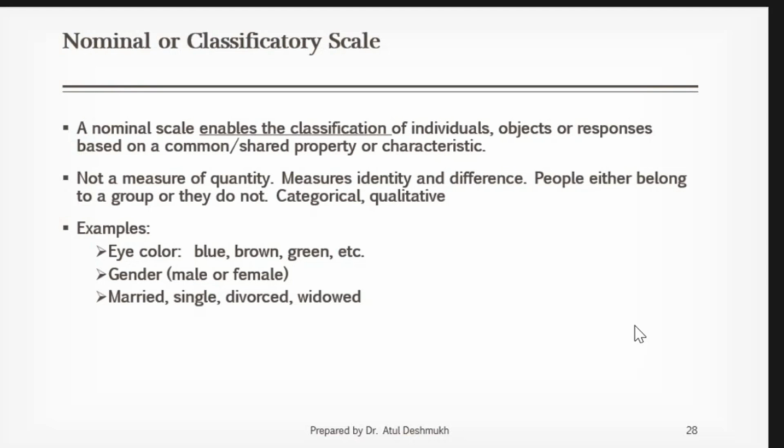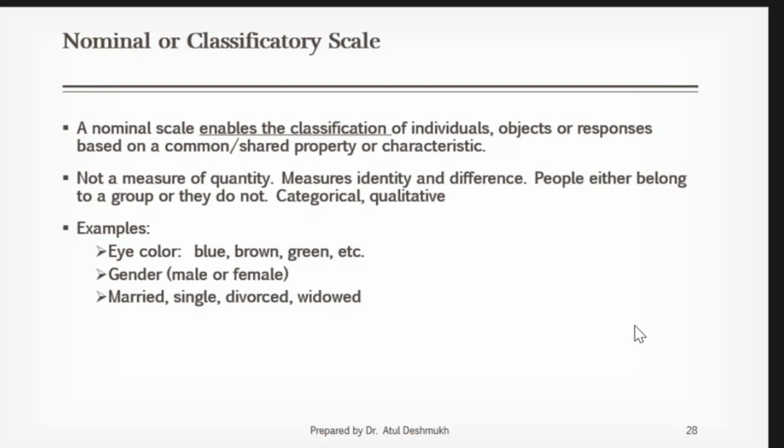One more example: suppose there are 40 students in this class. I can say that there are 20 males and 20 females in the class. I am not saying that males are superior in academics to females or females are superior in academics to males. I am not commenting anything. I am just classifying your class based on gender.